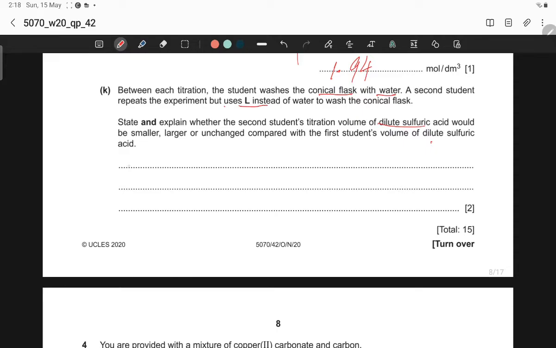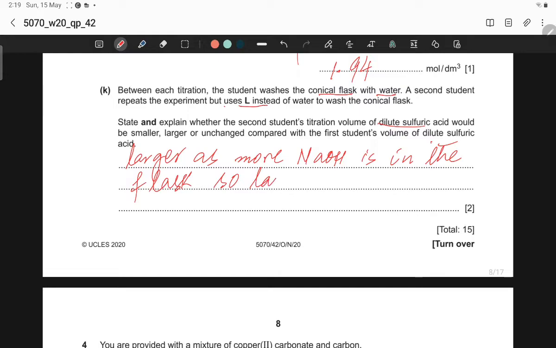It would be larger as more sodium hydroxide is in the flask, so a larger volume of sulfuric acid will be used by the second student.